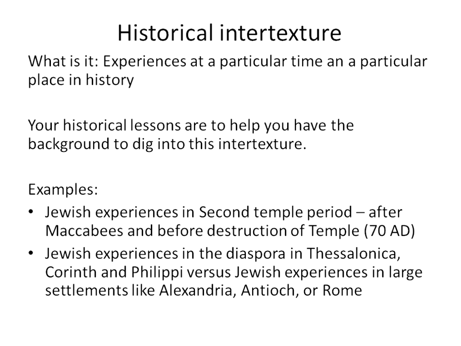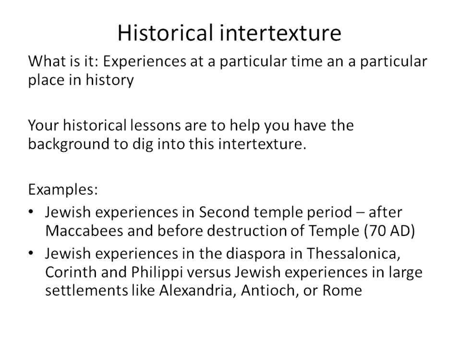Now, what about historical? We've given tremendous amounts of historical information to help you dig into the very background of it. For example, Jewish experiences in the Second Temple period, after the Maccabean Revolt and before the destruction of the Second Temple in 70 AD, were dramatically different than after 70 AD.